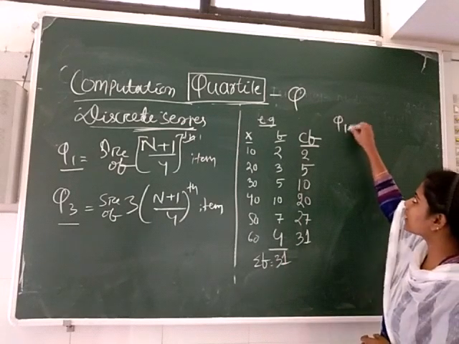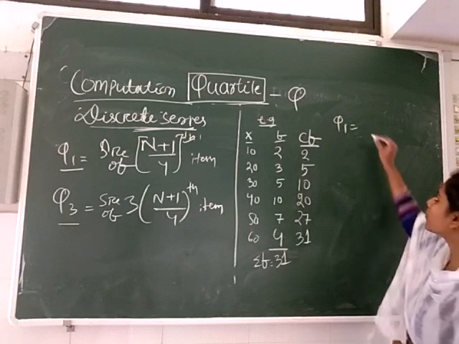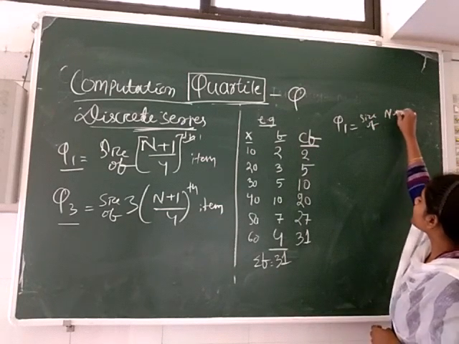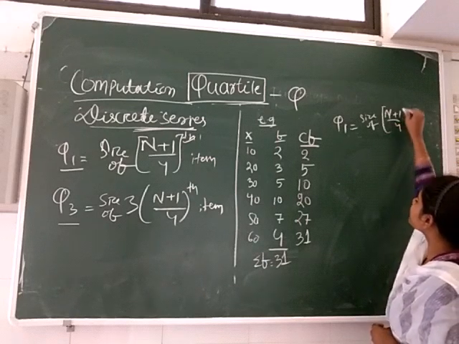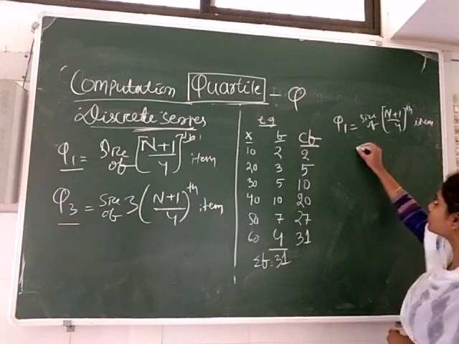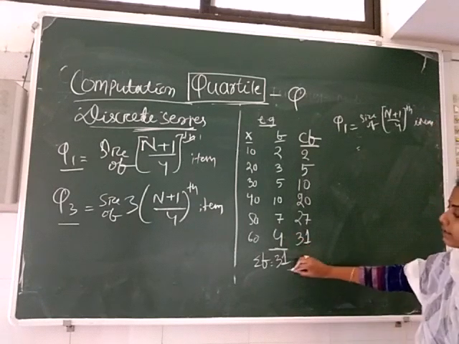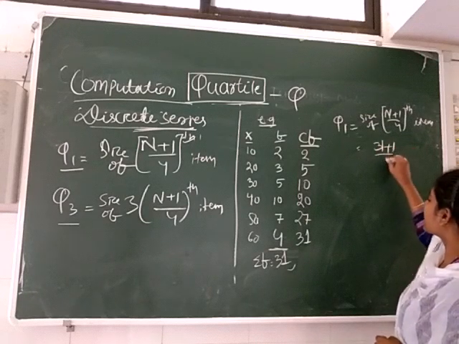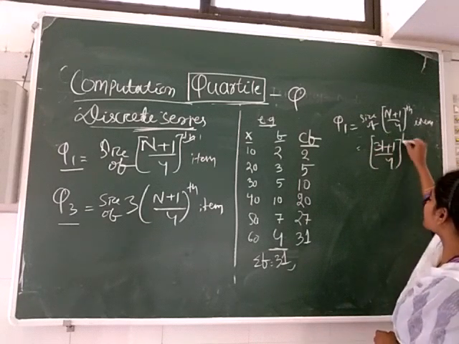So first we calculate lower quartile. So the formula is size of n plus 1 by 4th item. And here the n equals number of items. So the number of items will be 31. So 31 plus 1 by 4th item.